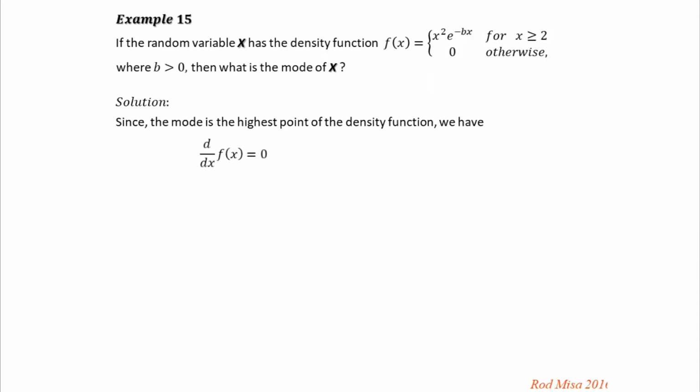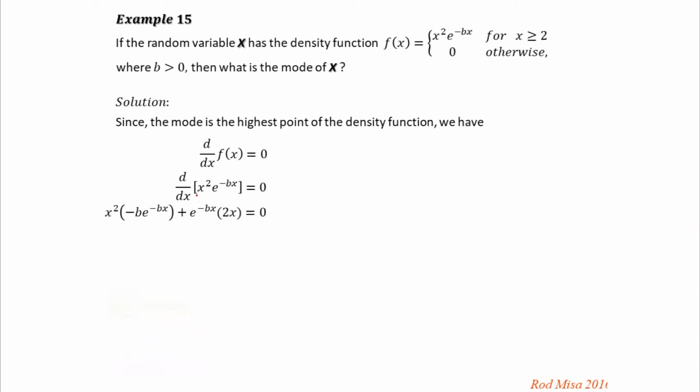So the derivative of f of x equal to 0 gives the optimum value of the function. So for our probability density function x squared times e to the power negative bx, we have to get the derivative of this PDF and equate the derivative to 0.